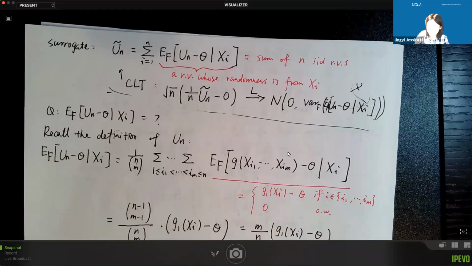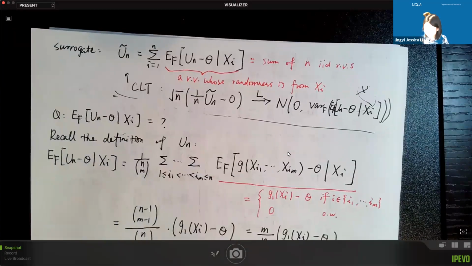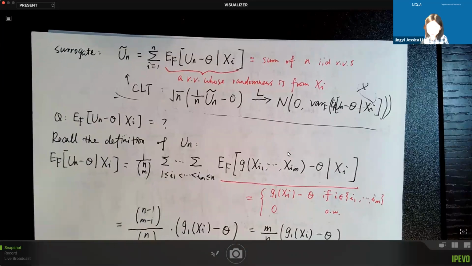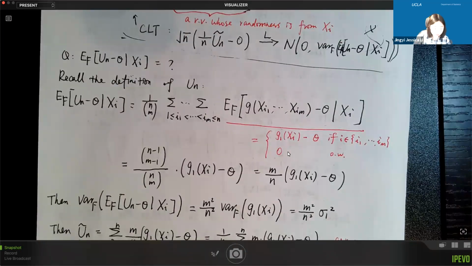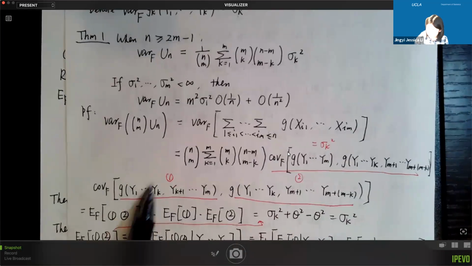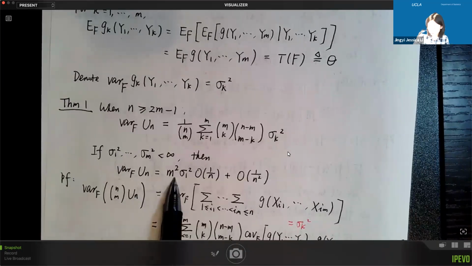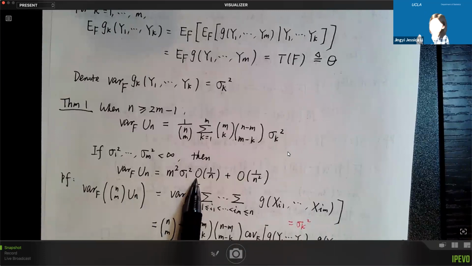So U_n tilde is our key step. And furthermore, we want to use the H projection to simplify the variance of U_n. And that's what we did earlier. To simplify the variance of U_n, we were able to show that we only need to care about the first term asymptotically.